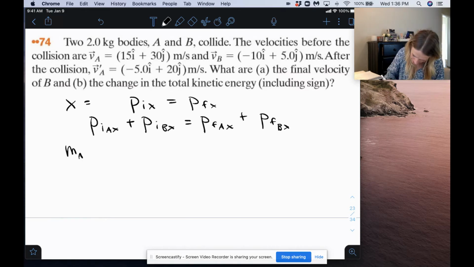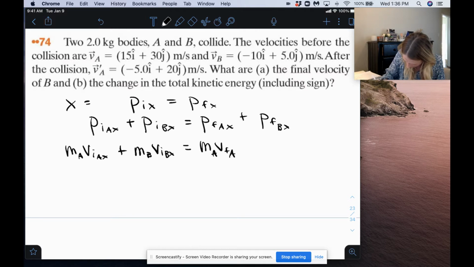So mA times v initial A x, plus mass of B times v initial B in the x direction equals mass of A times v final A in the x direction, plus mass of B times v final B in the x direction. Of course, I'm not going to write this for the y direction as well, but I did want you to see how that third equation is derived.